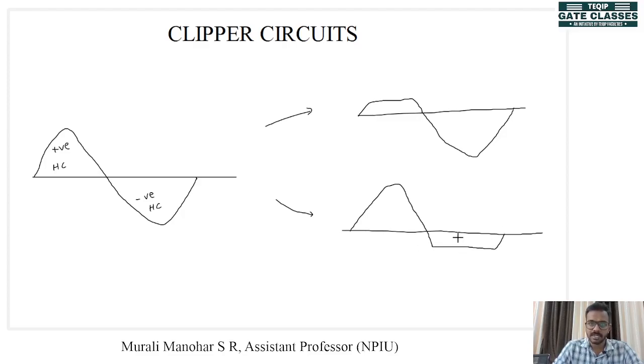Part of the negative half cycle is cut here and part of the positive half cycle is cut here, right? A circuit that does this is called a positive clipper, and a circuit that does this is called a negative clipper.